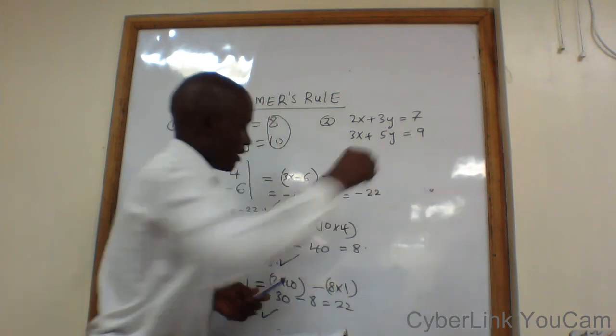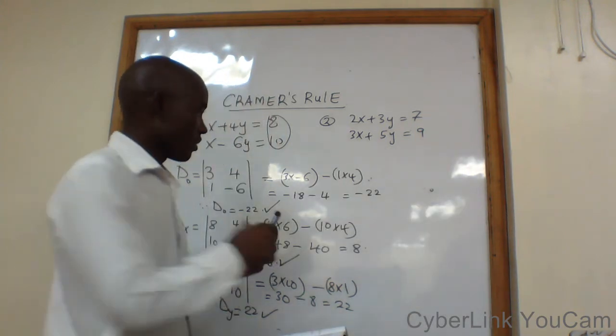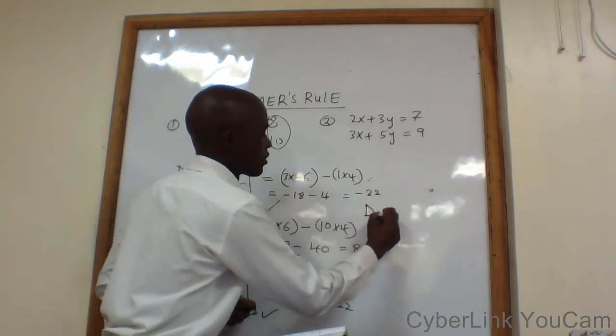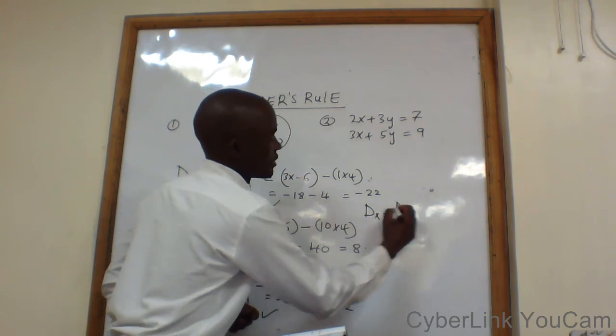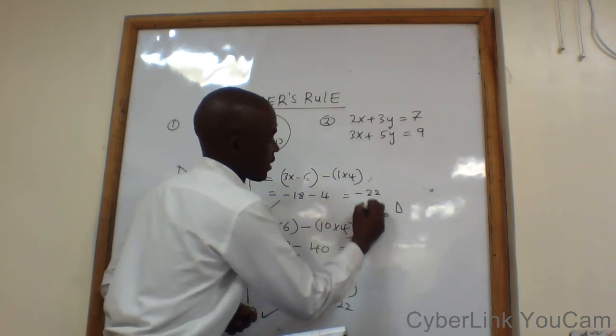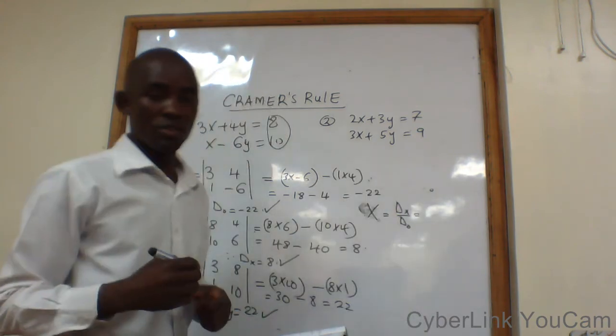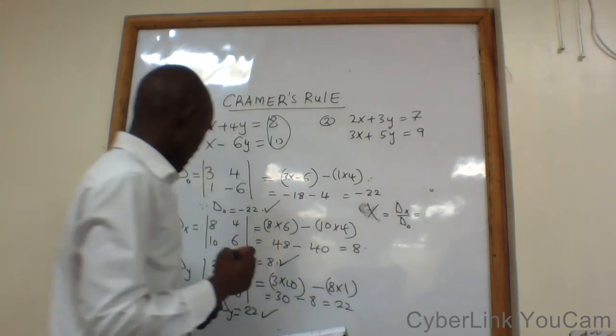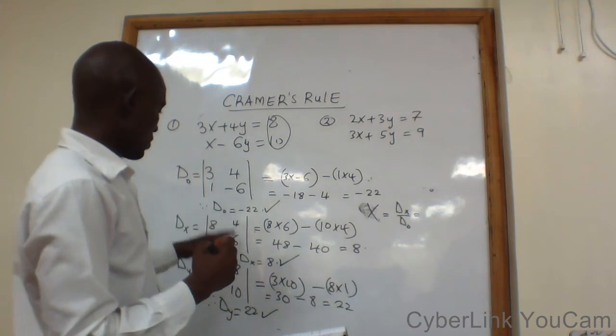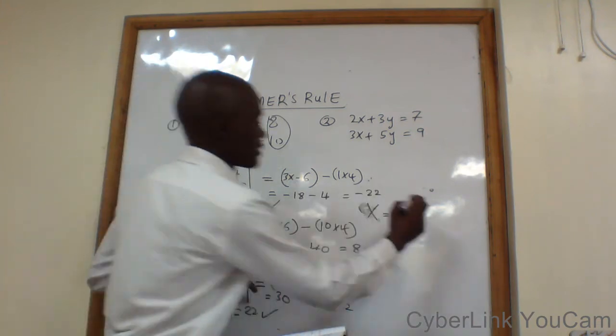So we can say our x will be equal to dx over d naught, which is equal to our dx, like we have indicated, was 8.